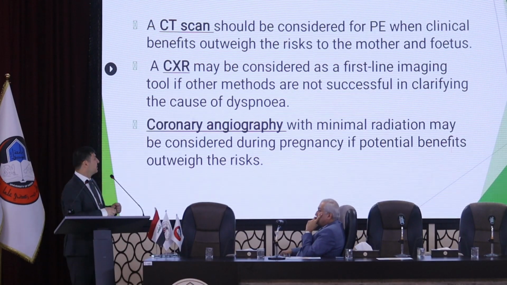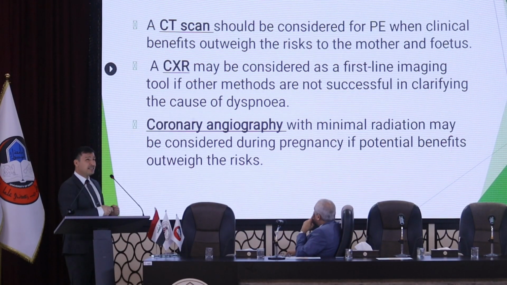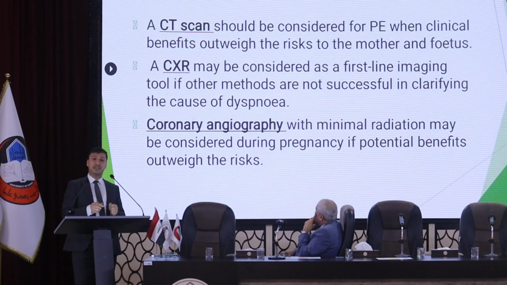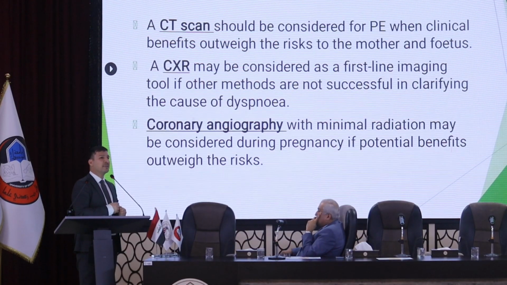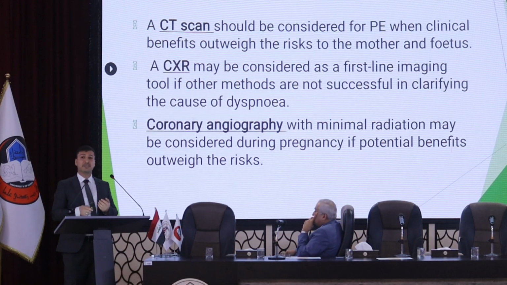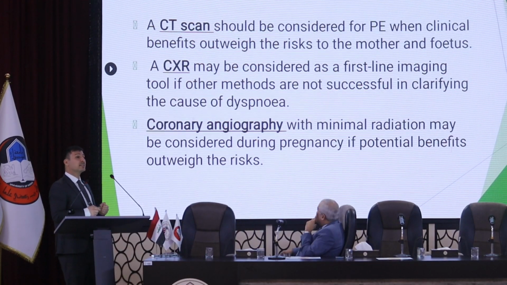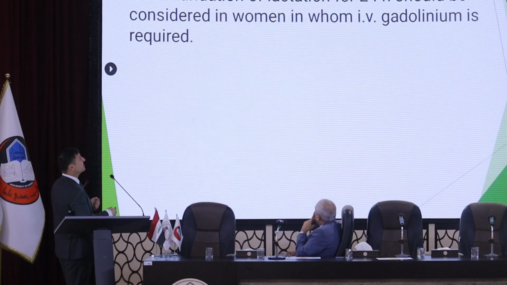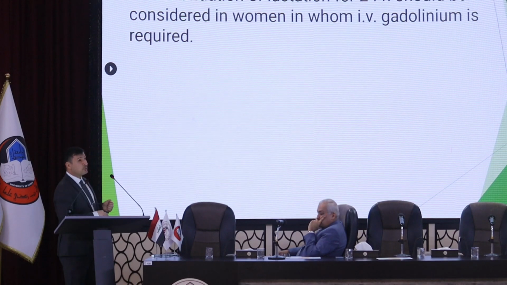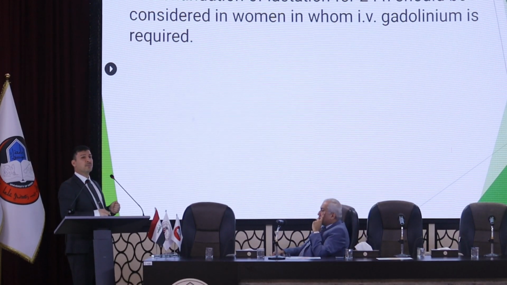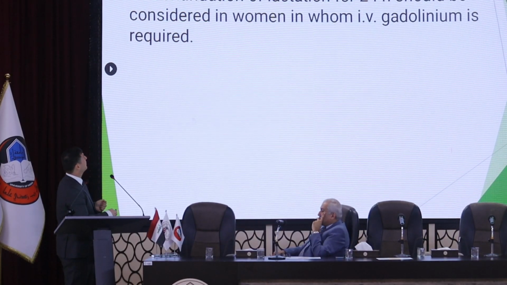CT and coronary angiography: even coronary angiography, yes, carries a high risk of ionizing radiation, but with a special shield during angiography, we can go, especially if we suspect some ischemic heart disease, namely spontaneous coronary artery dissection, which may occur during pregnancy. If you go for the MRI, gadolinium may cause a problem, so please stop lactation 24 hours prior to the MRI.